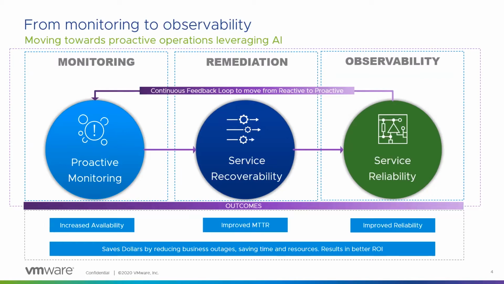The third one is observability. Essentially, you would notice that a lot of companies are calling their tools observability tools and people are moving towards observability. But this is a method of looking at the unknown unknown, which means that you are not sure what the issue is, you're not sure what's brewing up and what the root cause is, and you're trying to take a data-driven approach where you're looking at a lot of data together in a meaningful way so that you can gauge information out of it and then take decisions which will allow you to find the root cause of an unknown unknown brewing in your environment.